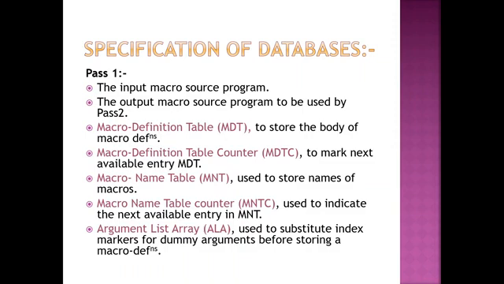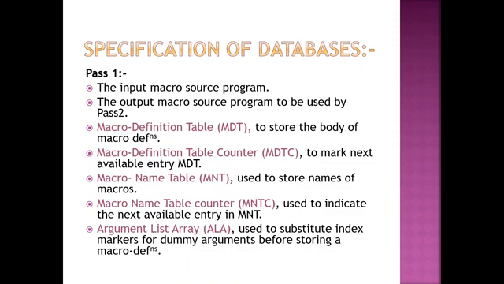Once we see the structure of those tables, you will know the format of the macro name table and the macro definition table. As you know, there is MDT and the macro name table, and there is also another data structure here: the macro definition table counter. This structure is like a counter, like a variable.